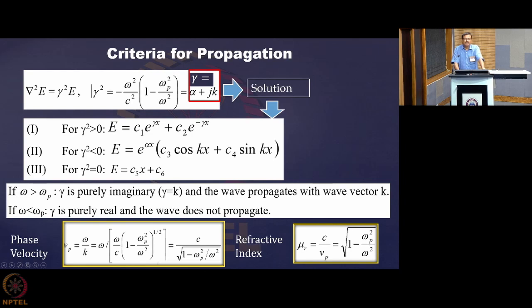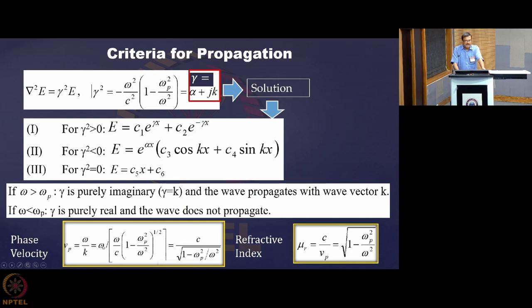So the wave is propagating with a wave vector k, and you can understand that the phase velocity is omega by k, and k in that case is what? Because it is purely imaginary, k is basically omega by c times the square root of 1 minus omega p square by omega square. That is the value of k, the imaginary part, because gamma is equal to jk.